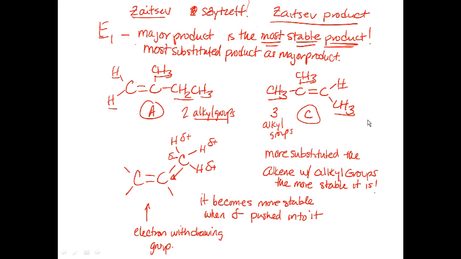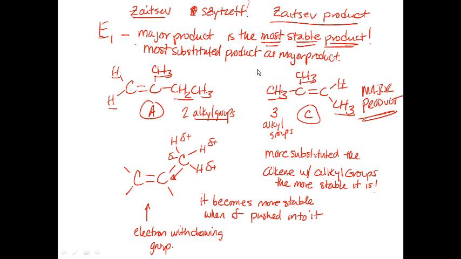Why? Because it has the most alkyl groups attached to the double bond, therefore it is the most stable. Okay, so E1 elimination always follows what we call Zaitsev's rule, which is that you form the more substituted double bond.